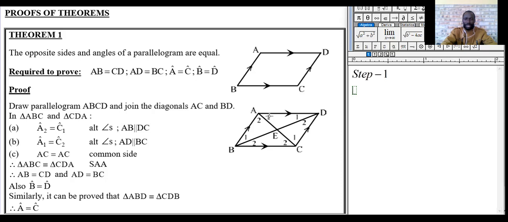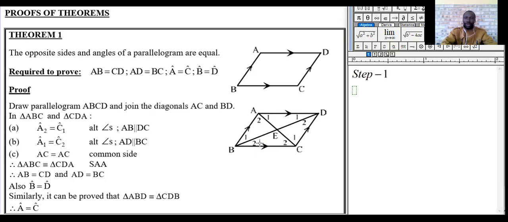We call the upper side 1 and the lower side 2. In the same way, we call this upper side 1, just like this one, and the lower side 2, just like this, for the angles dividing B and D.